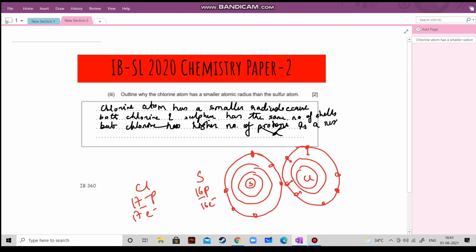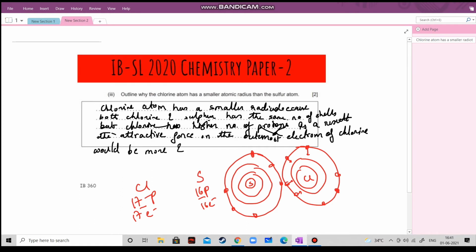As a result, the attractive force on the outermost electrons of chlorine would be more, and hence it will have a smaller radius. So that's the answer to the third part.